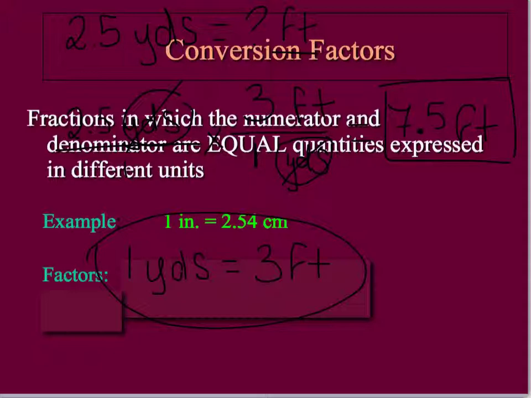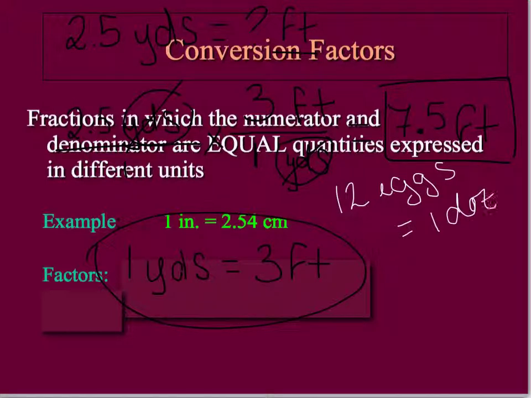It's the same thing as saying 12 eggs equals 1 dozen eggs. It's still the same thing. It's 12 eggs either way. That's how you would convert from single eggs to dozens. That's what conversion factors are all about. They're equal quantities, but they're expressed in different units.